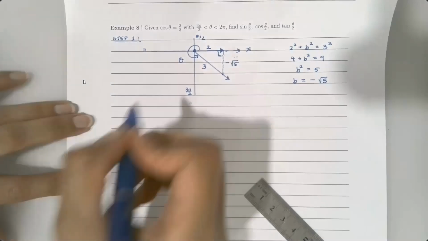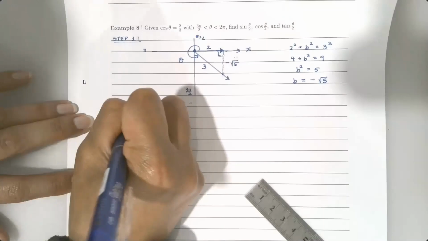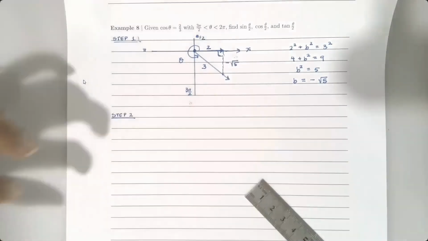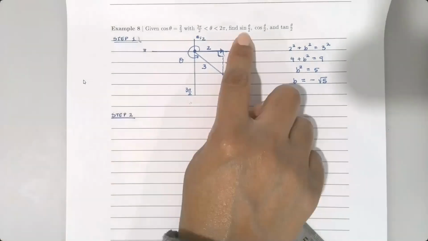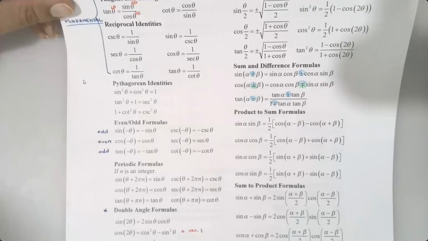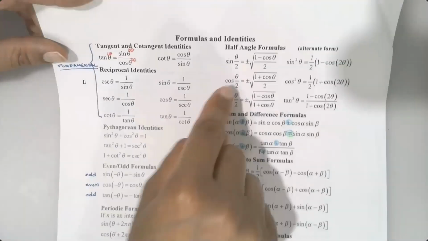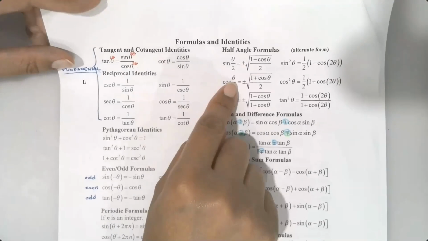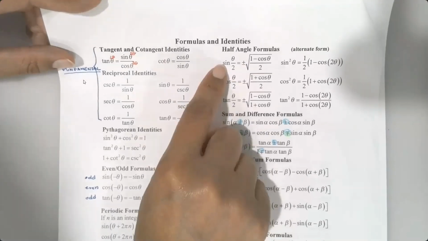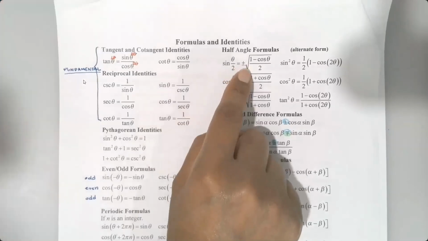Let's take a look at what formula we should apply. We need to find sine of theta over 2. Here's our formula sheet. I want you guys to look at the top left, right-hand corner. There is a formula that sine of theta over 2 is equal to plus or minus square root of 1 minus cosine theta over 2.